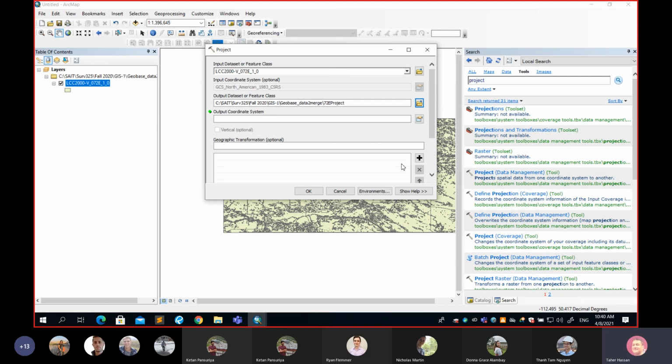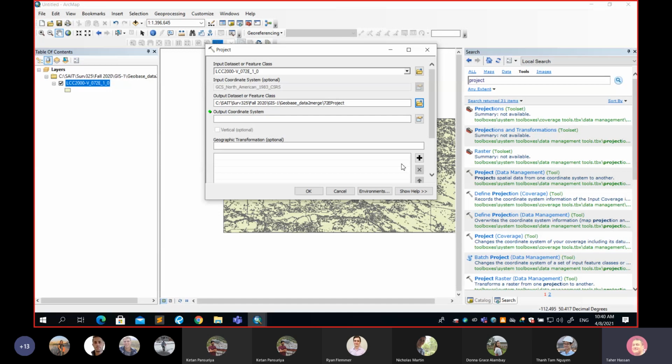Anyone remember the idea of map projection? Now I know here is my input file, and here is the name of the output file. Am I missing anything for the software to continue and do it for me? Think about it without looking at my screen. The answer is on my screen, but think about it. I'm telling the software, take this file and change the coordinate system for me, please, and here is the name of the output file.